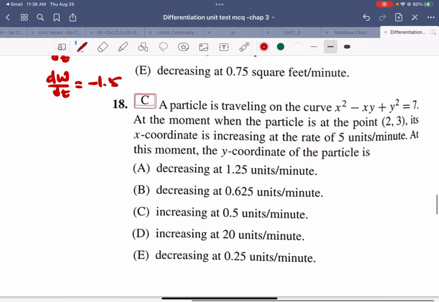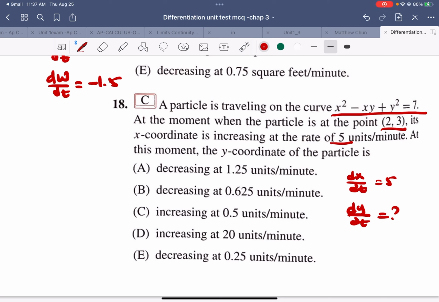Now, number 18. A particle is traveling on a curve like this. When the particle is at the point (2, 3) and its x coordinate is increasing, dx/dt is 5. The question is, what is dy/dt? So you can take a derivative of the given equation here.